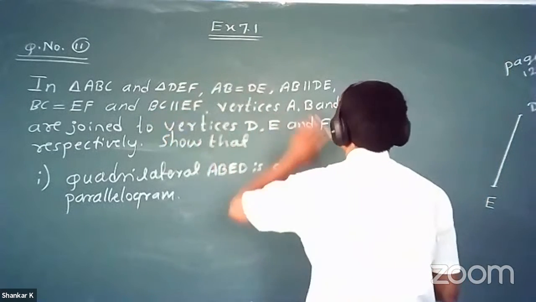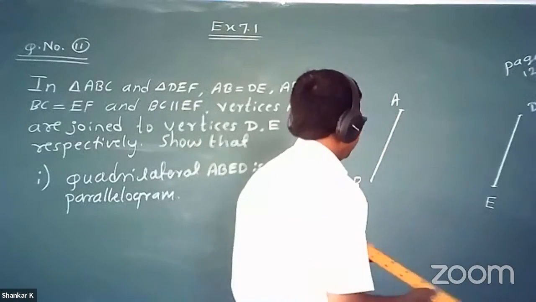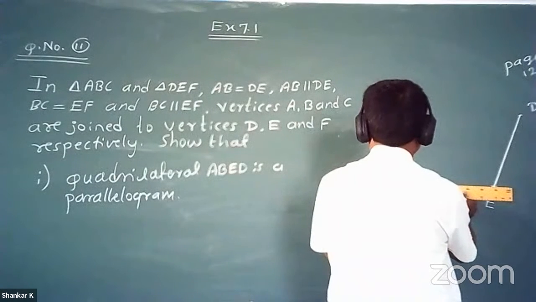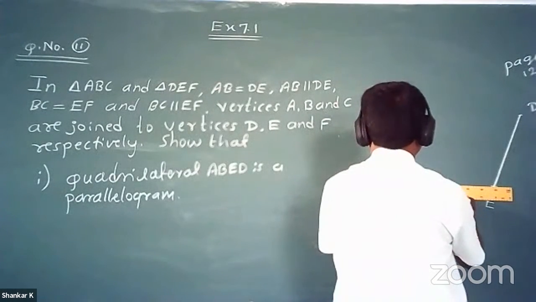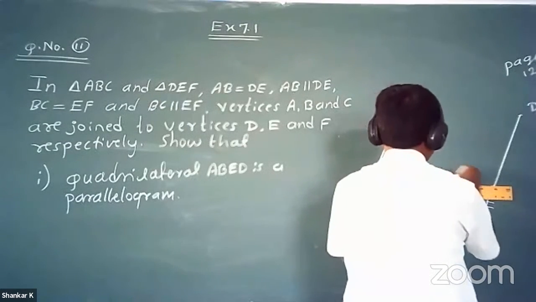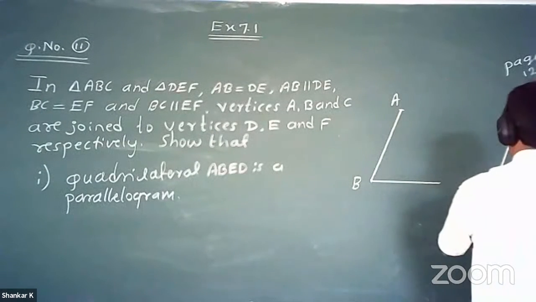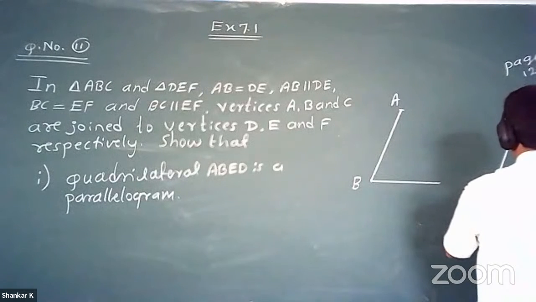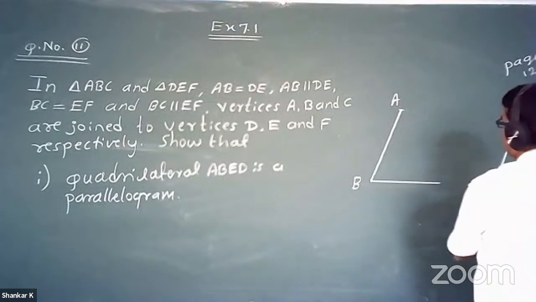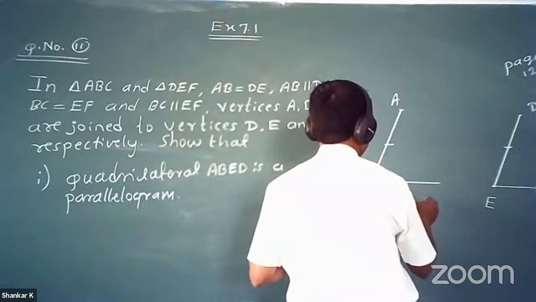Then BC equal to EF, those are also equal. AB equal to DE is given.